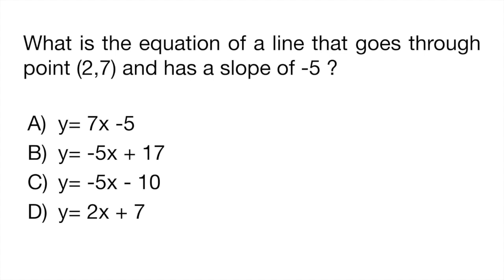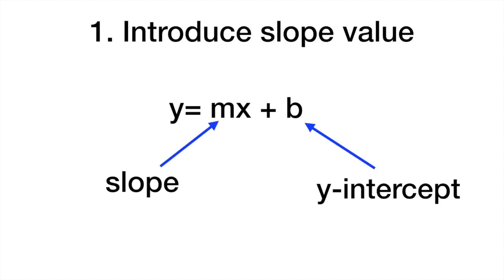All right. So here what you have to remember, and you don't actually have to remember this formula because it will be provided for you in your formula sheet, but you have to remember that this formula exists and what it means. So if you look at this formula, it says y is equal to m, which stands for the slope, multiplied by x plus b, which stands for the y-intercept.